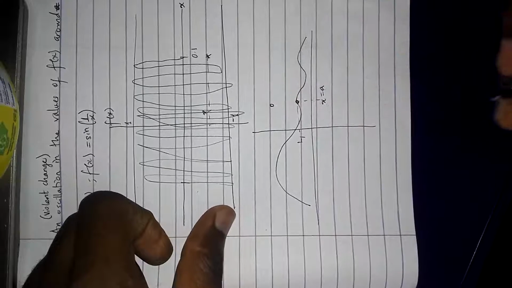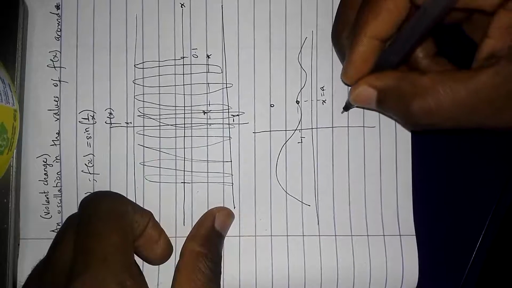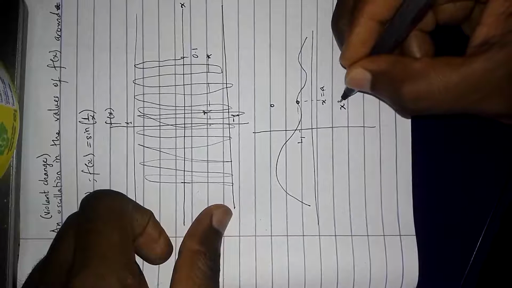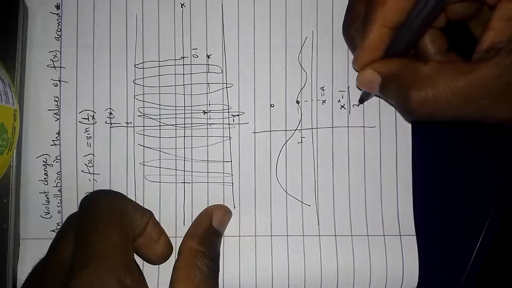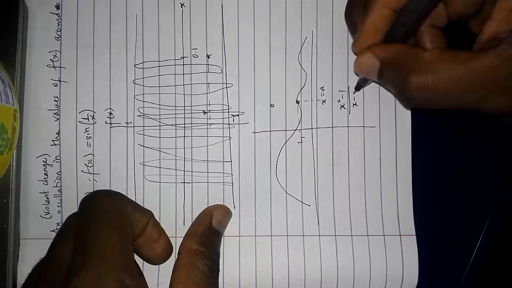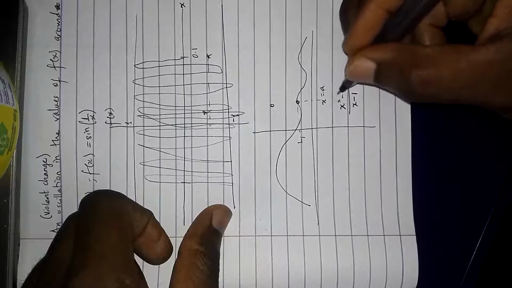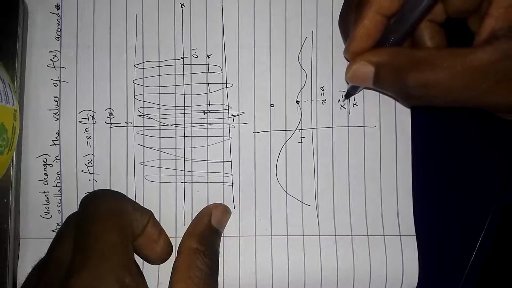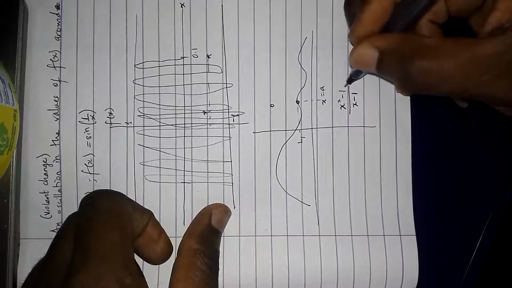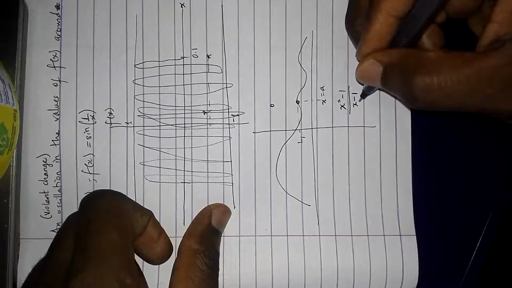So for instance, you can have a function like x squared minus 1 all over x minus 1. This function does not exist at x equal to 1, because at x equal to 1 we're going to have 0 over 0. It means this function is undefined at x equal to 1.